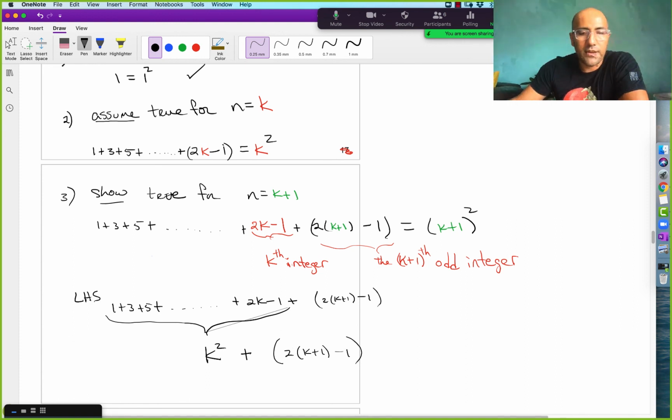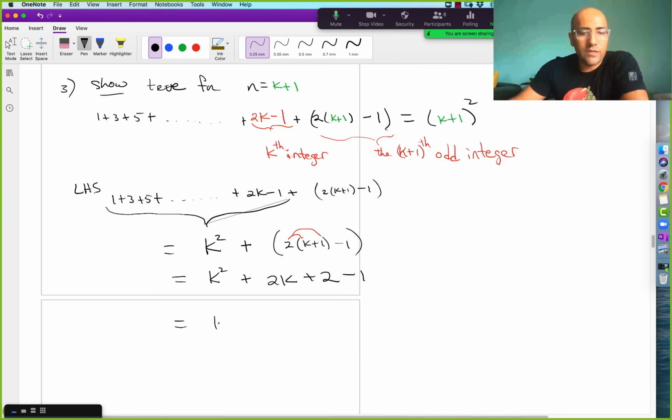Now I distribute, combine like terms, simplify, and I'll get k squared plus 2k plus 2 minus 1.